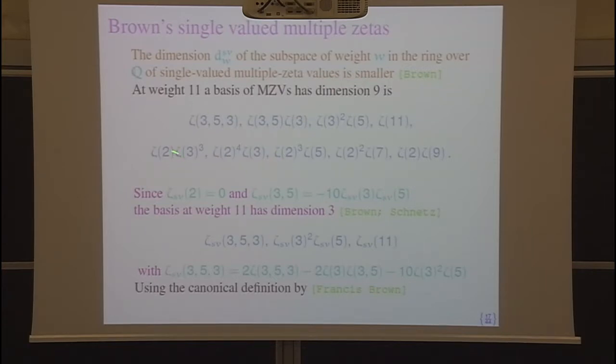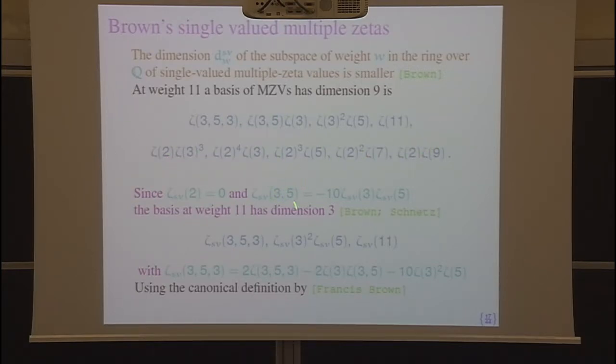So the dimension is 11, and here are all zetas that contain a power of pi. So this is zeta 2, zeta 4, zeta 6, zeta 8, etc.